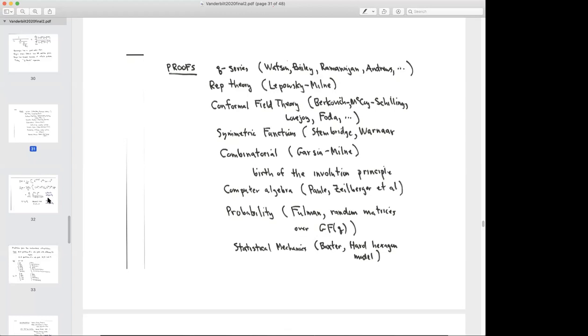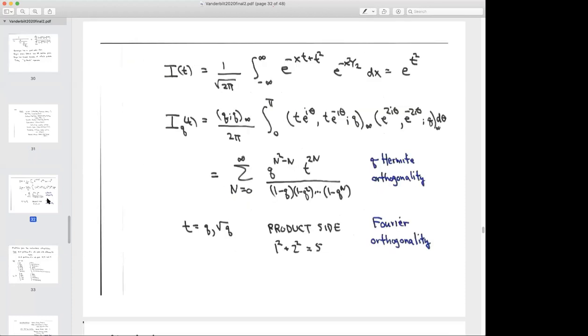Let me show you what Rogers' proof is. Even though he never wrote it like this, this is what he was really doing in 1894. Let's take this integral I of t I have up here on top. Now there's one typo. This exponential should be negative xt plus t squared over 2.